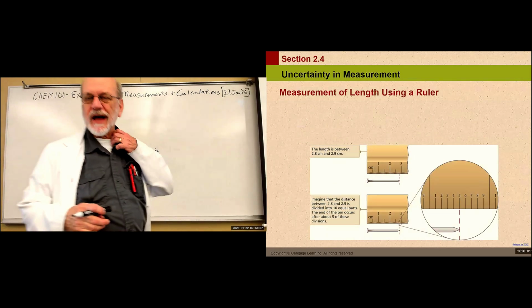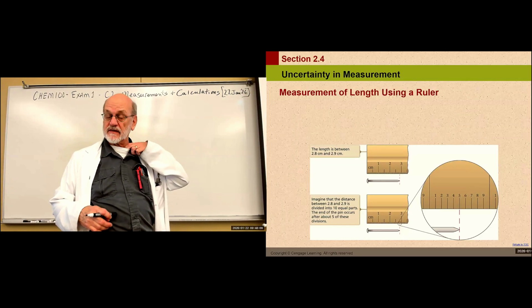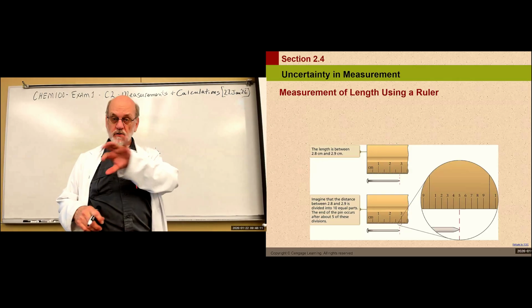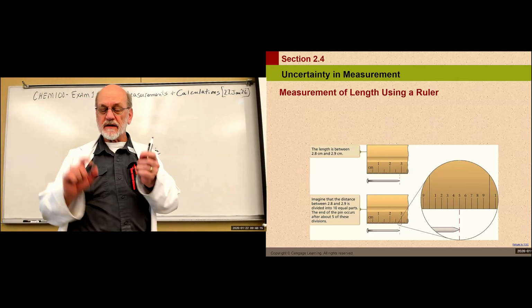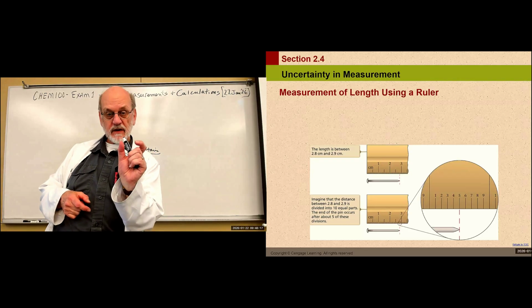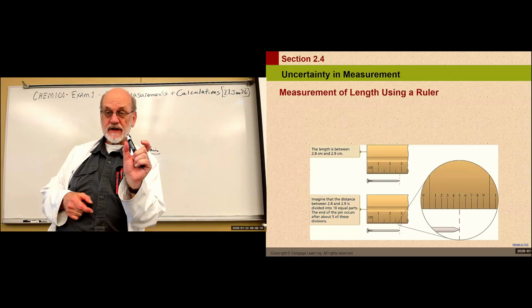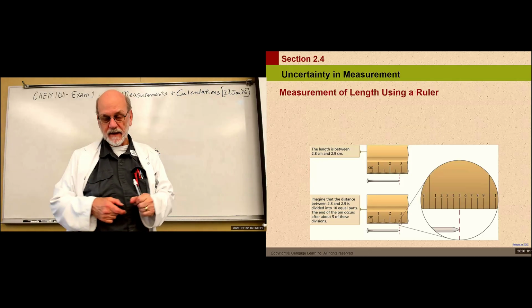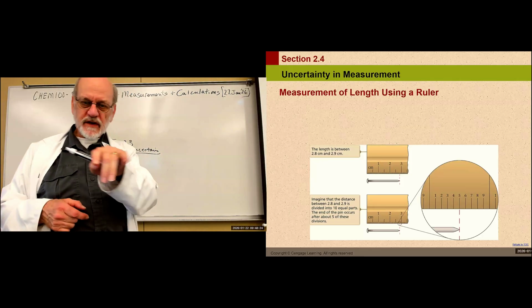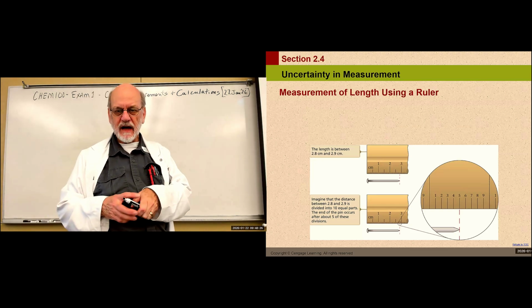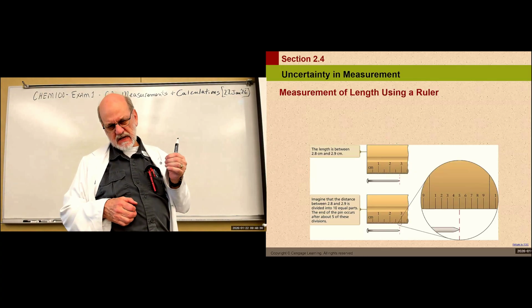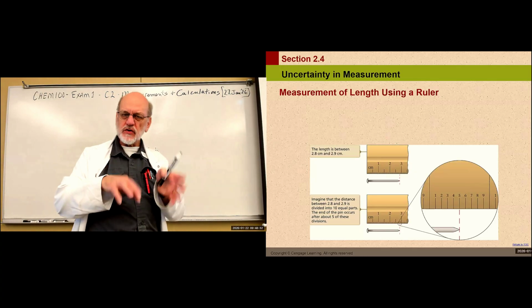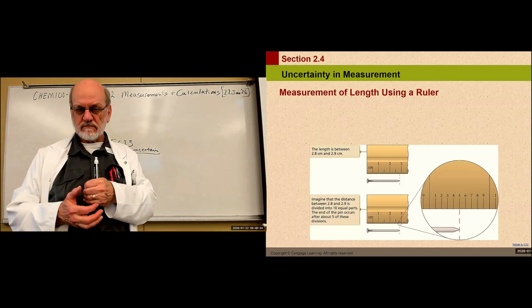So what does that look like with a measuring device? Well, here's a ruler, and it's marked off in centimeters, and what's between the centimeters, tenths of a centimeter, is a millimeter. So if we're measuring this tack, it looks like on the top left one, it's between 2 and 3 centimeters.